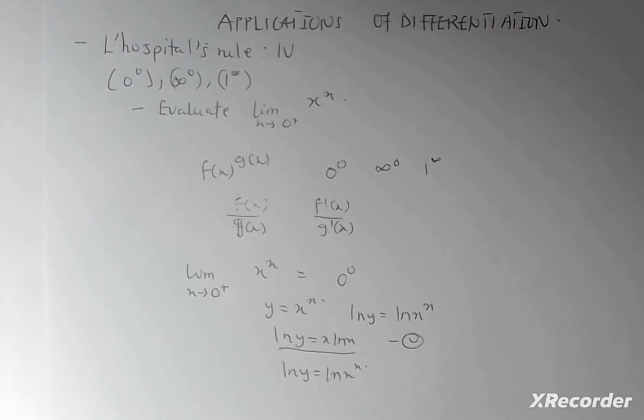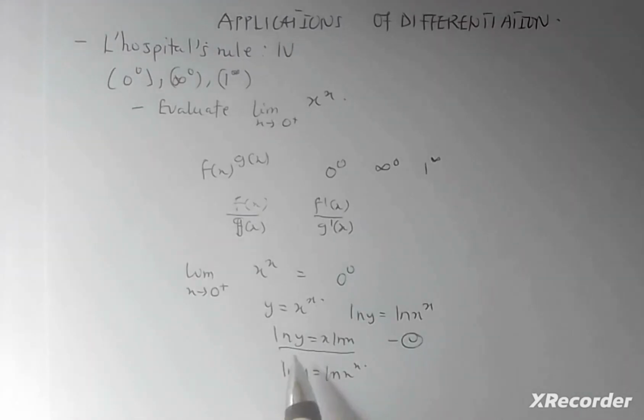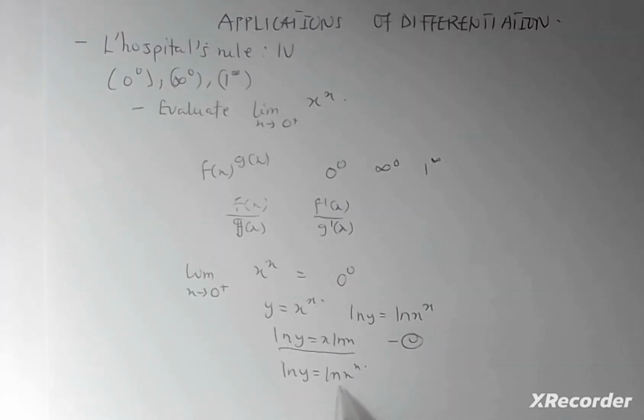So now let's see, what will be my y, or what will be my x to the power x. If I have ln y equals ln x to the power x, then with base e, I'll say that e to the power ln y will be equal to my x to the power x.